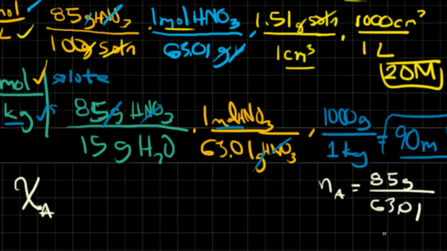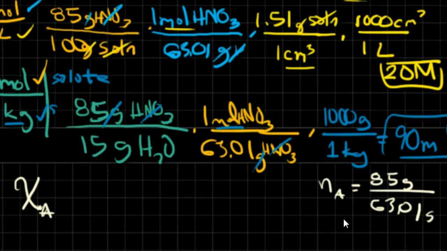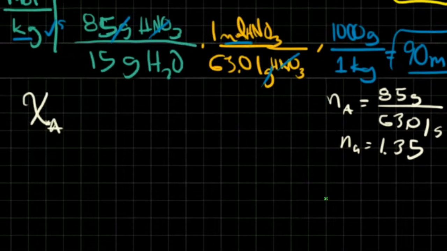We're working from percentages here now, and so that means I have 85 divided by 63.01. I'm going to start using the 10 key. Okay, so I have 1.35 moles. Okay, and now I need a value for B, which I said there's 15 grams of water.